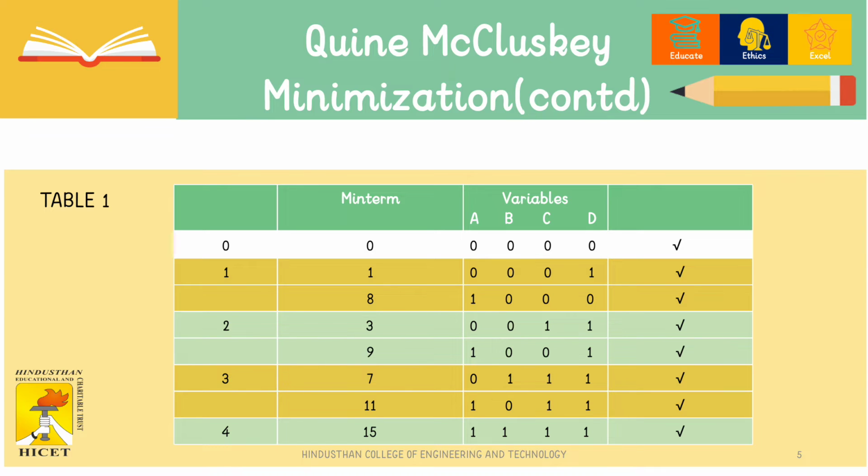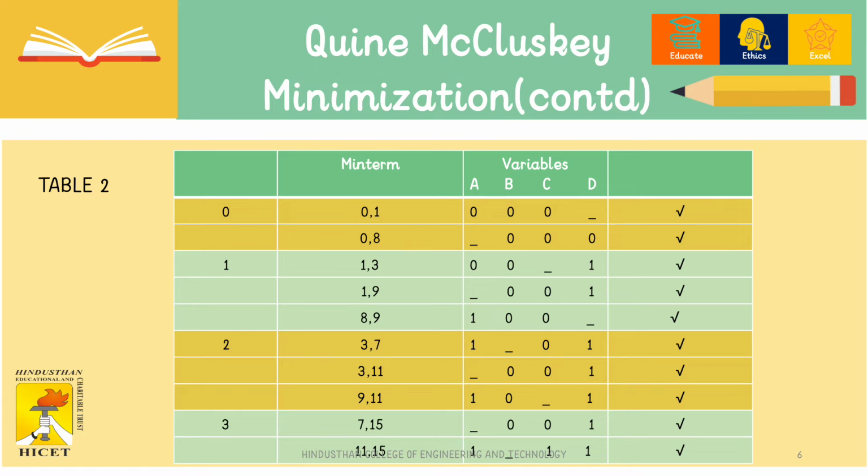Here we have to take the grouping of the minterms where there is change in only one variable. So here in D there is a change in variable for minterms 0 and 1. So those two are compared and they are written as 0, 1, and the common values are written as such, 0, 0, 0, and the variable where there is a change is replaced with a dash.